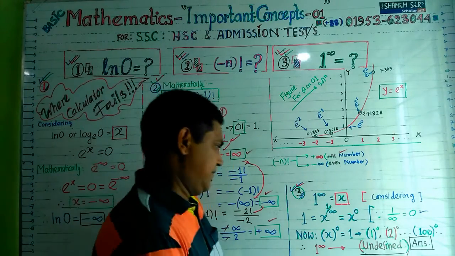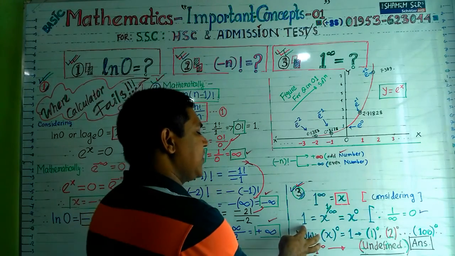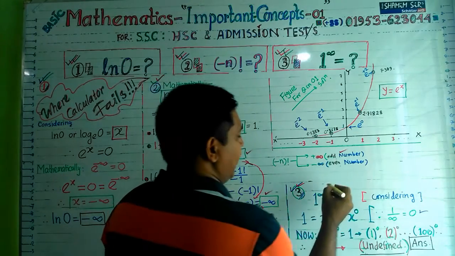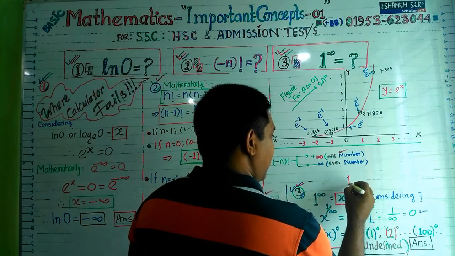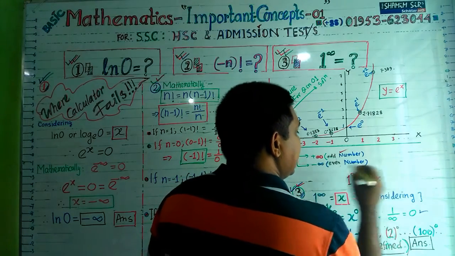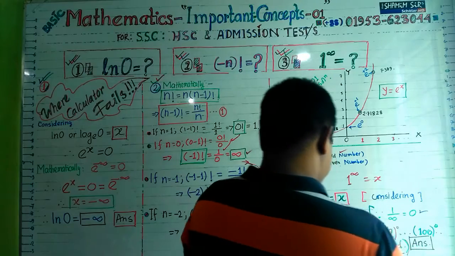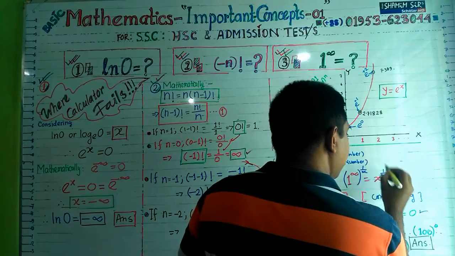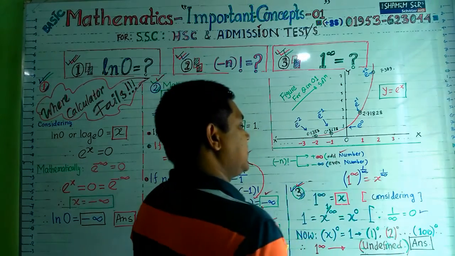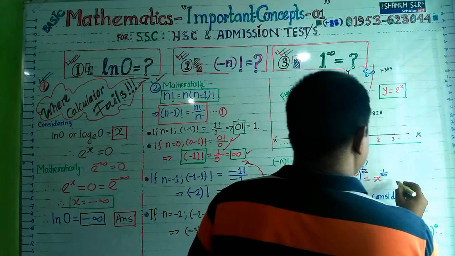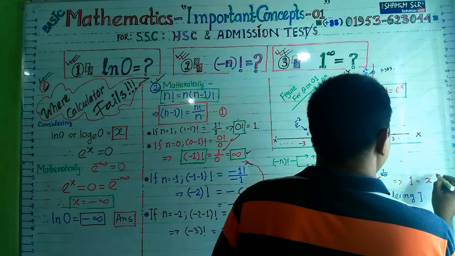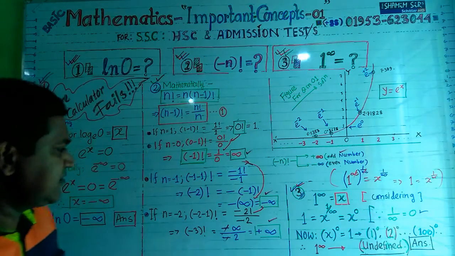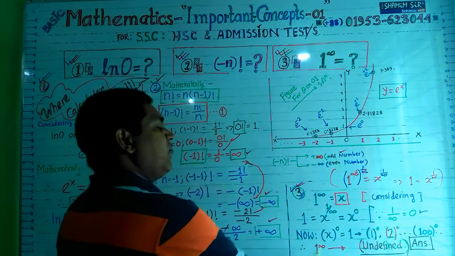Now from the concept of exponents we can easily say 1 equals x to the power 1 by infinity. You can take the power of 1 by infinity on both sides. So again we write 1 equals x to the power 1 by infinity.